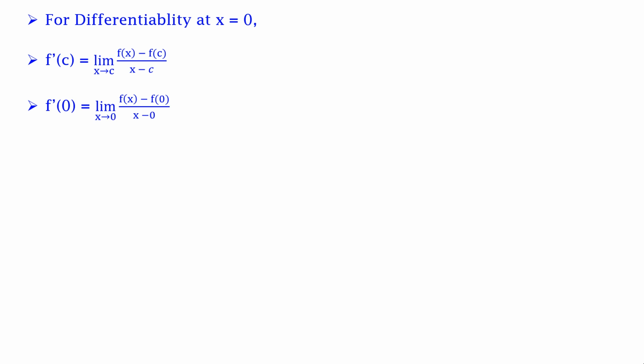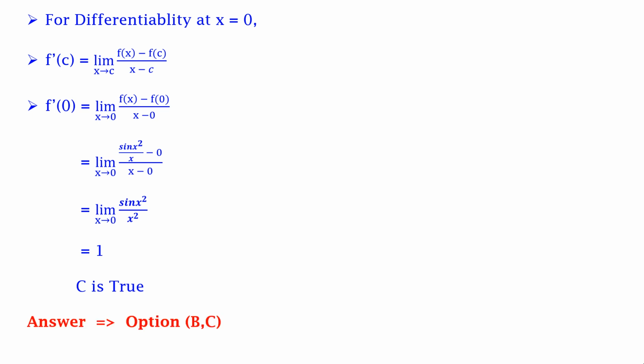Therefore, f'(0) is equal to limit x tends to 0 of (f(x) − f(0))/(x − 0), which is equal to (sin(x²)/x − 0)/(x − 0), which is equal to limit x tends to 0 of sin(x²)/x², which is equal to 1, and it exists. Therefore, option C is true, f is differentiable. Therefore, the correct answers are option B and option C.